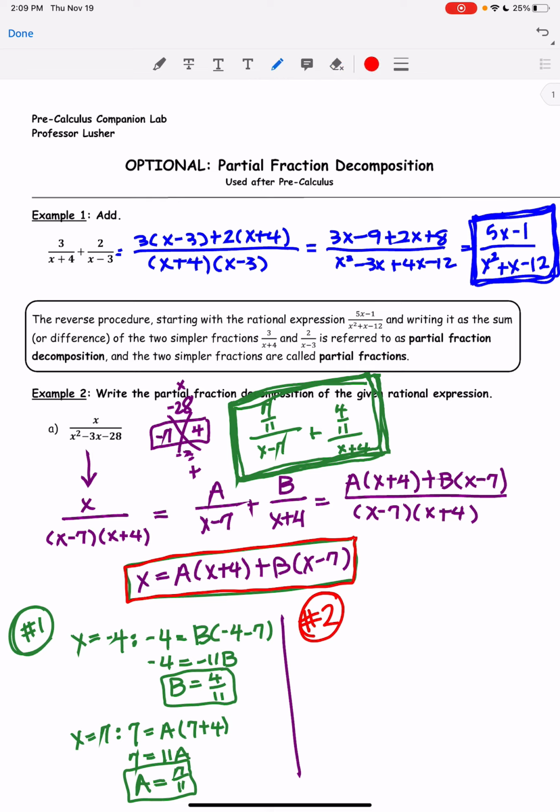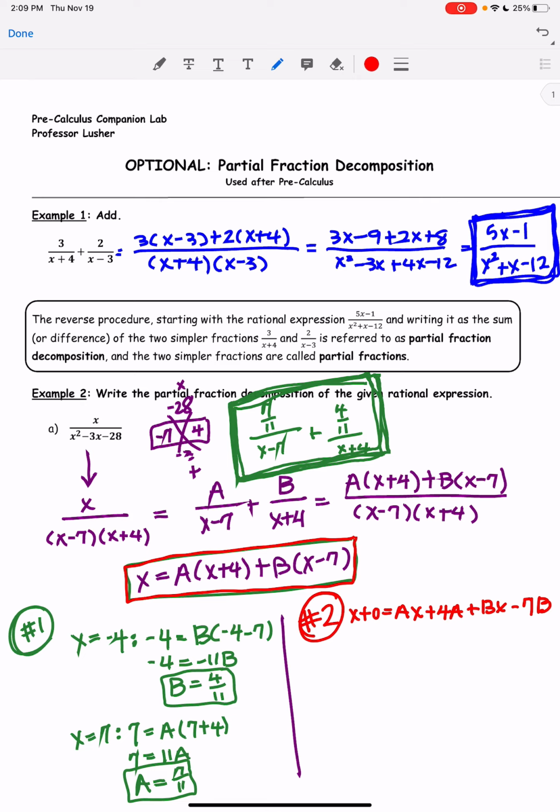Let's try again. So I'm going to rewrite x as x plus 0, distribute your a, ax plus 4a, distribute your b, we get bx minus 7b.